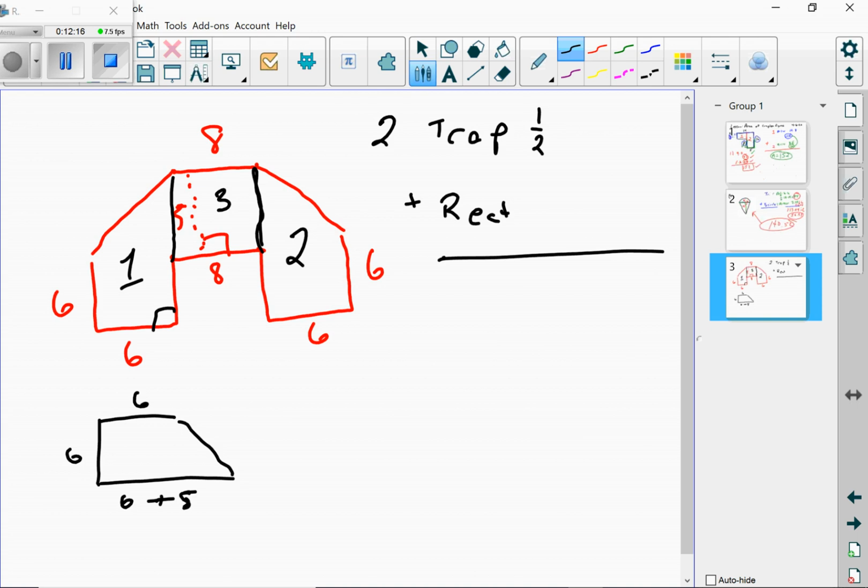So the height is going to be this number right here, 6. Remember, the bases are the 2 parallel sides, so 6 plus 11. So I'm getting a 3 times 66. 3 times 66 equals 198. One of those is 198, right? And I've got to multiply it by 2 because I have 2 of those trapezoids that are exactly the same. So for both of the ends, number 1 and 2, I'm getting 396.